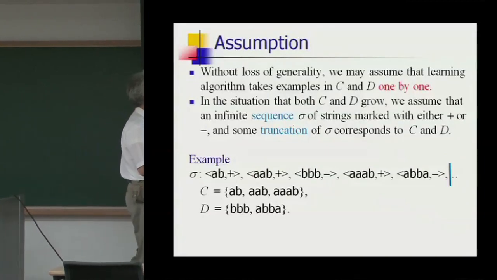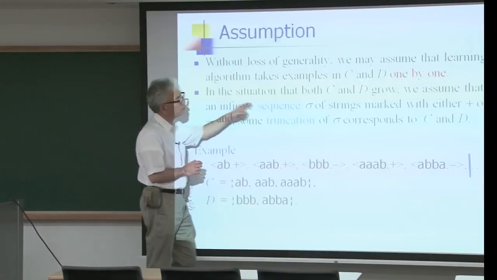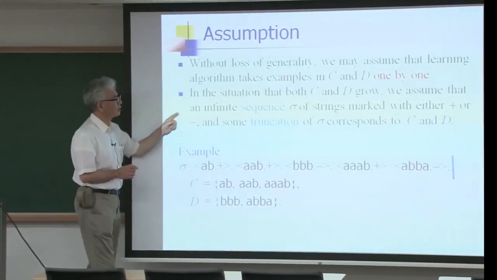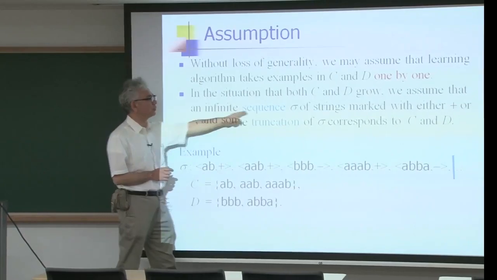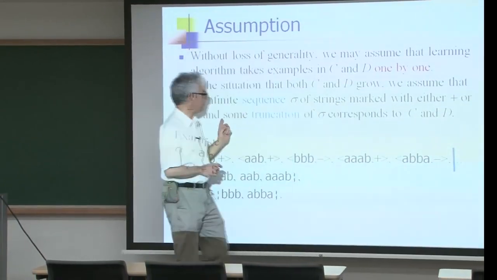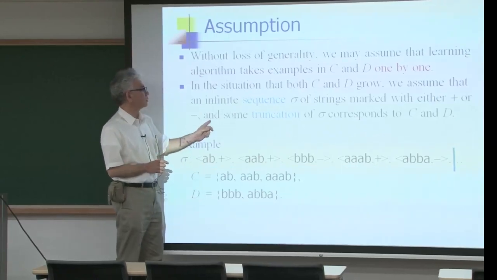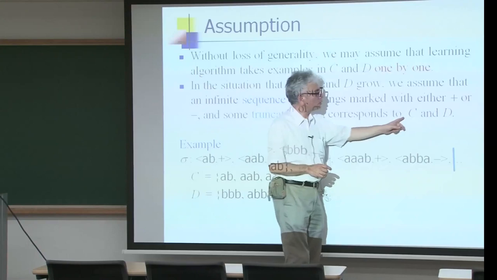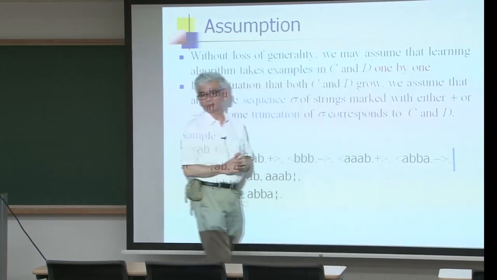And second, in the situation that both C and D grow, we assume an infinite sequence sigma of strings marked with some polarity, and some truncation of sigma corresponds to the union of C and D.